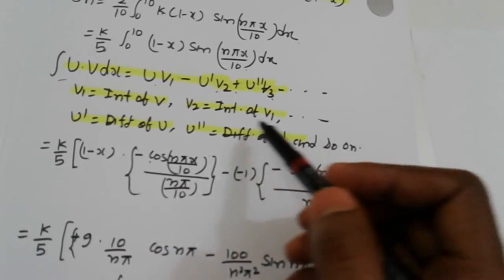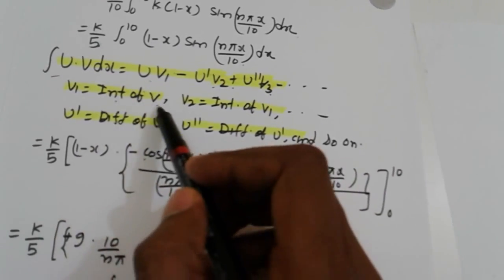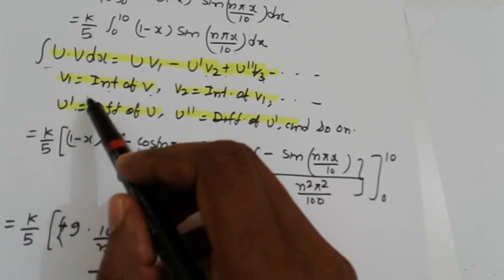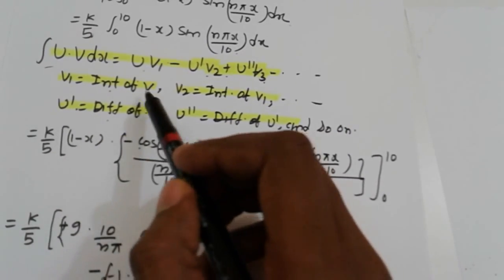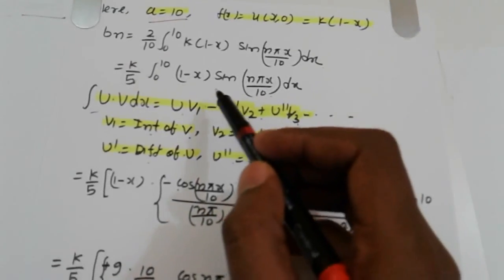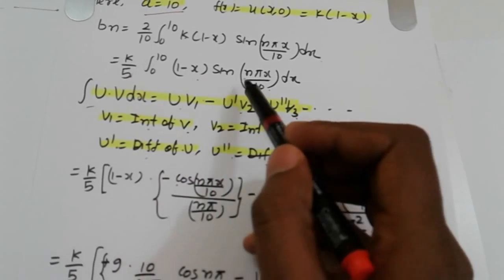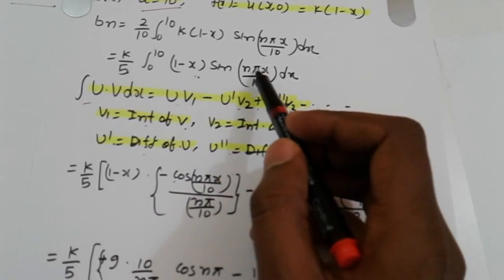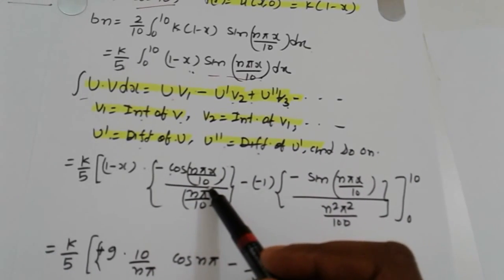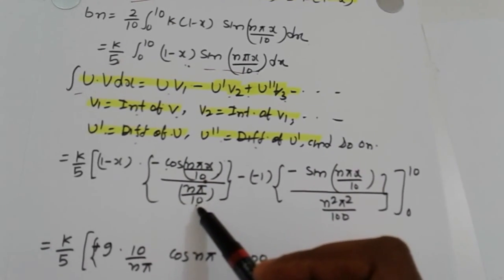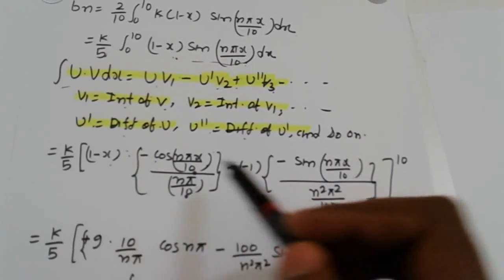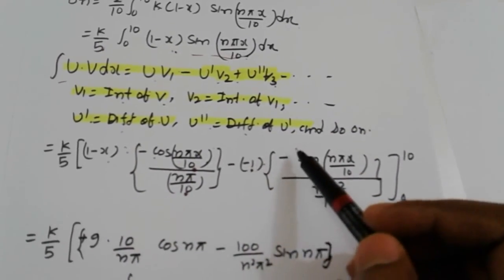The integral of uv dx is u v1 - u' v2 + u'' v3 and so on, as many terms as required. Here v1 means the integral of v, v2 the integral of v1, and so on, and u' is the differentiation of u, u'' the differentiation of u', and so on. So now apply first function into integration of second. The integration of sine is minus cos(nπx/10) divided by nπ/10. Then u' is the differentiation of (1 - x), so minus 1.